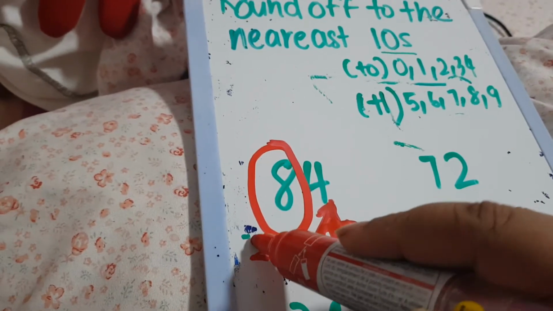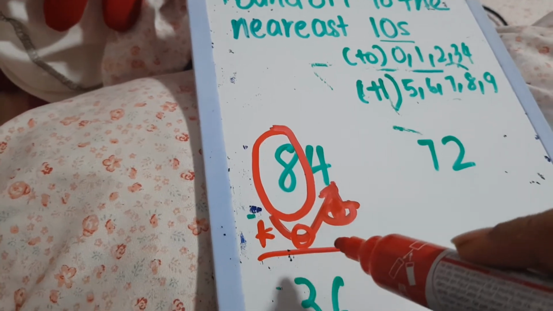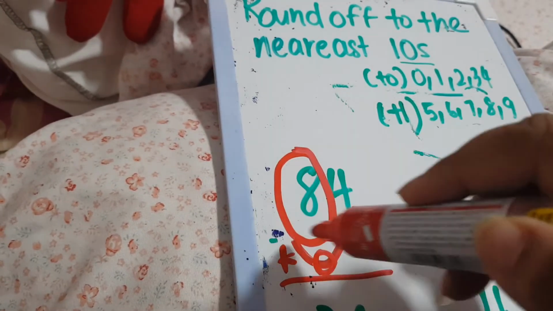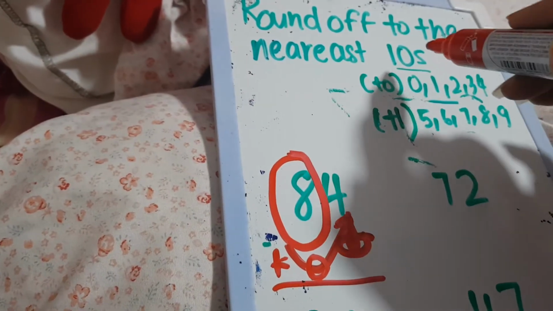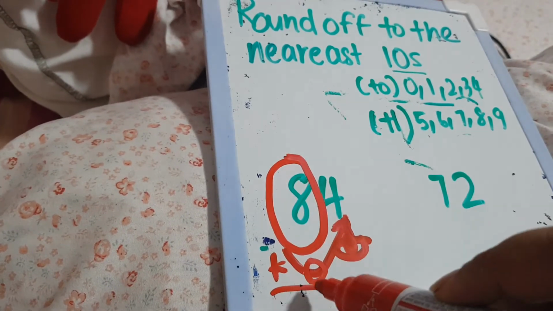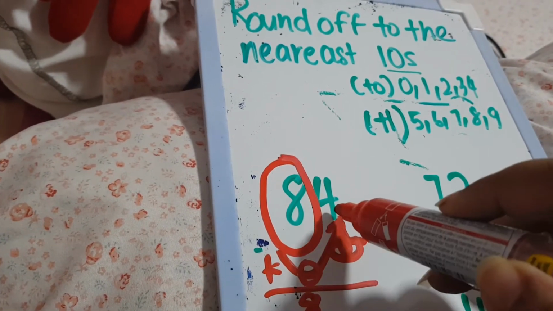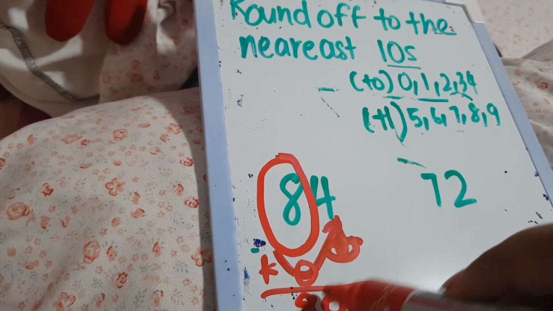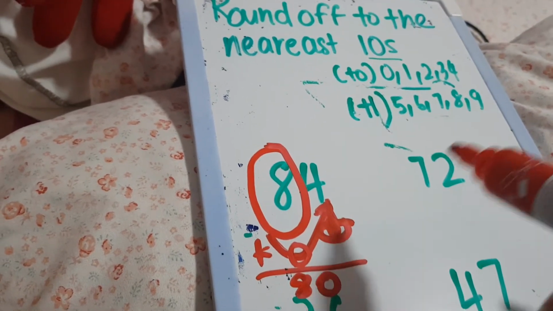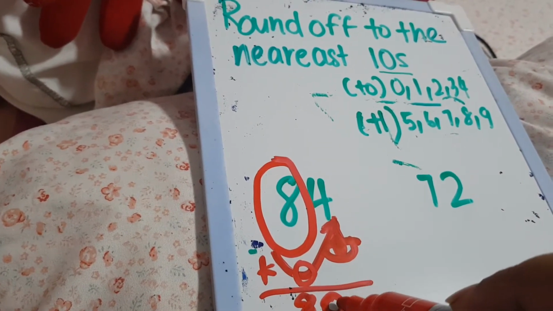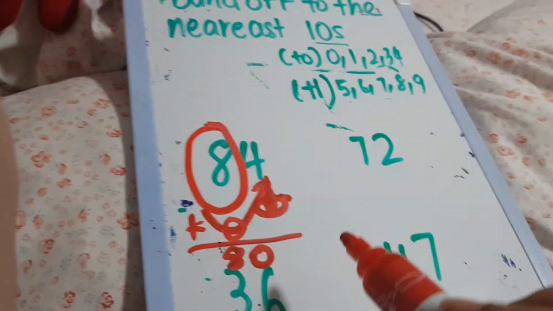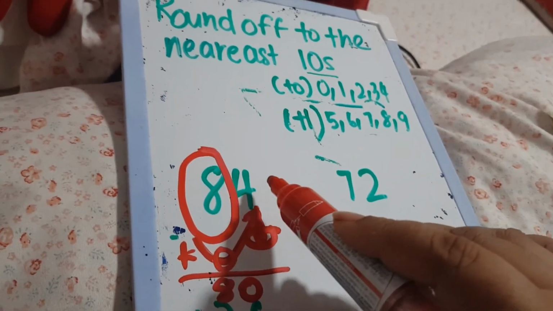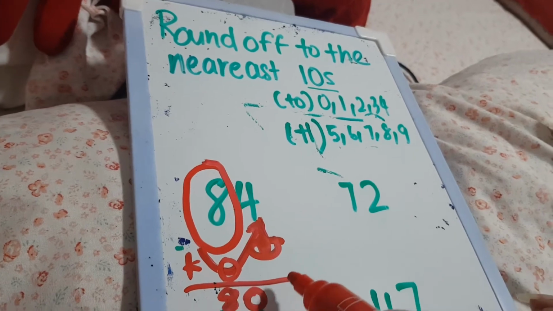So we plus 0 at the circled tens place, because we are rounding off to the nearest tens. 8 plus 0 is 8. Everything becomes blind behind. Close the eye. Close the eye will look like a 0. Okay, 80. So rounding 84 down is 80.